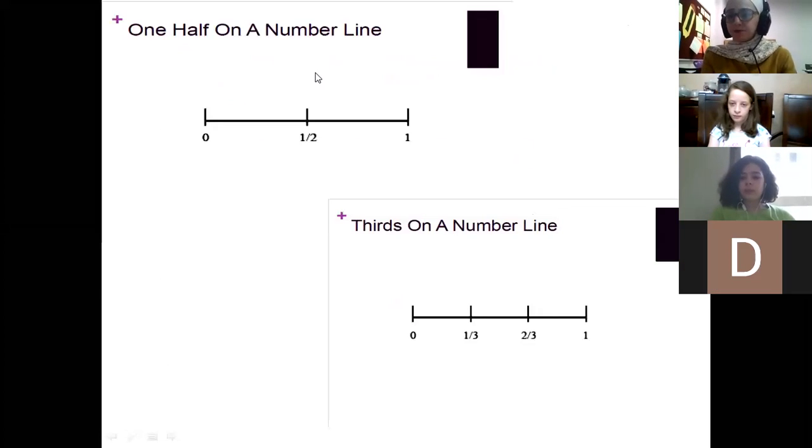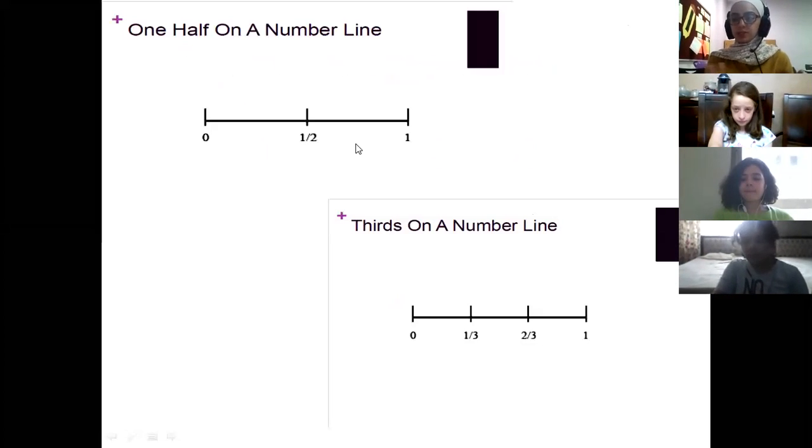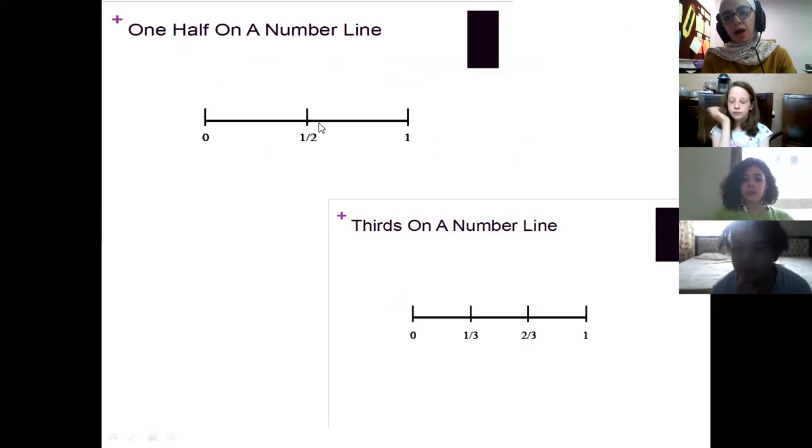Now, the halves, or 1/2, is when you have a number line with just 2 parts. From 0 to 1, we just cut it into 2 pieces. This is the first half, the first part of the number line. This is the other part of the number line, okay?